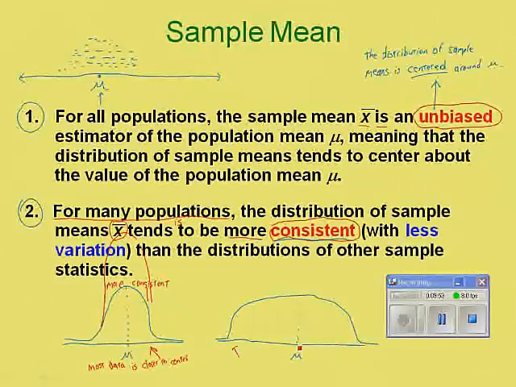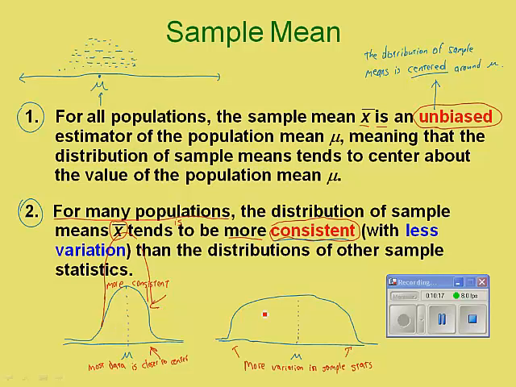Here, we have more variation in the sample means? Or in the sample stats? What point number 2 is saying is that, look, if you take x bar, you're going to get a curve that looks more like this and less like the one on the right. And we would rather have one on the left. Does that make sense to people?